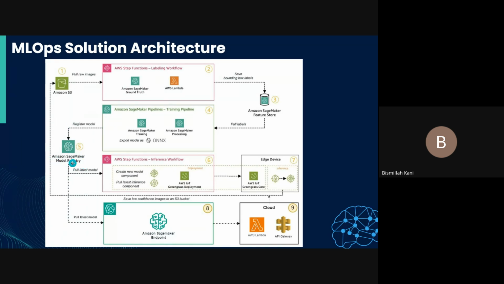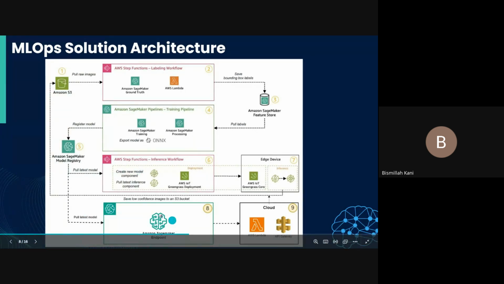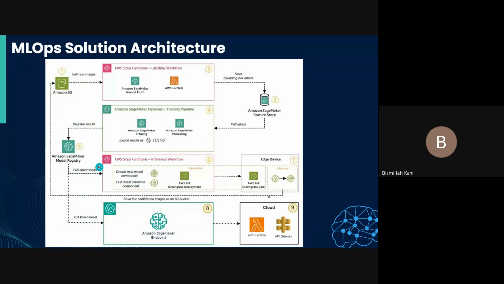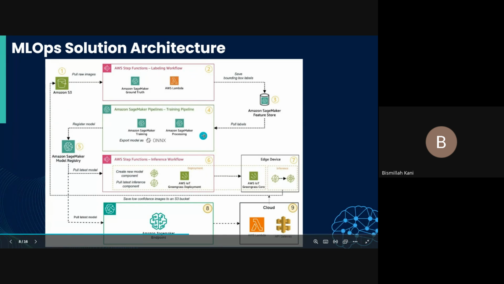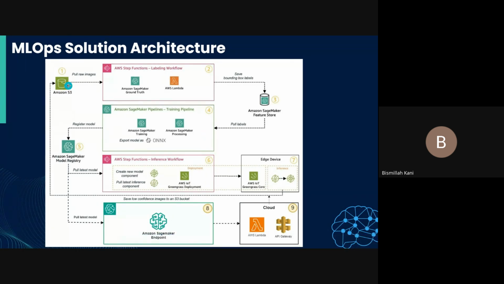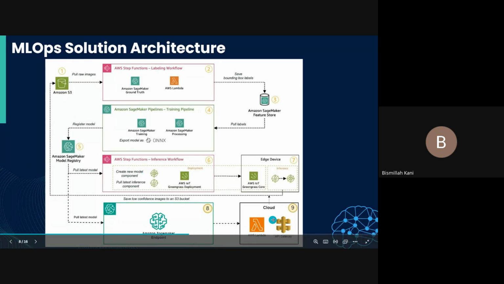We store this model here, and we could pull a particular version of a model from the model registry and deploy that into, let's say, either a SageMaker endpoint, or it could also be done for an IoT deployment. So if you see this from step 1 to step 9, everything is interconnected, as a seamless flow from one logical step to another, from data preparation to training to deployment and consuming this model by the users.